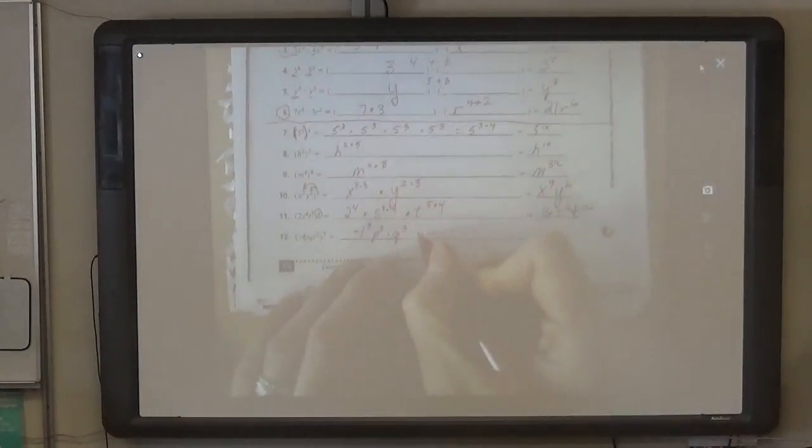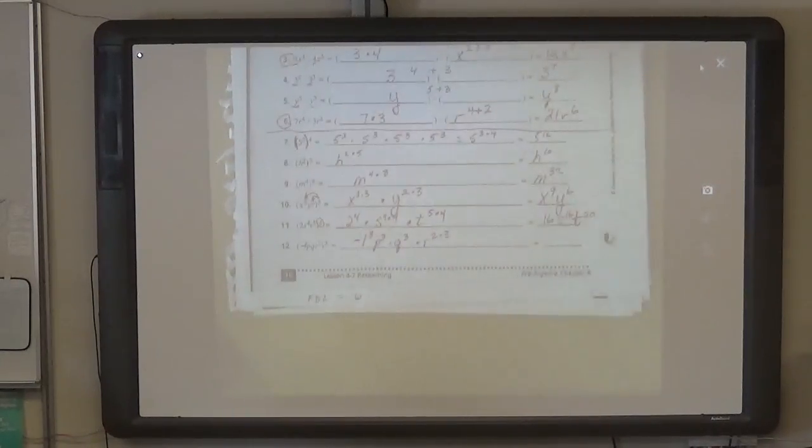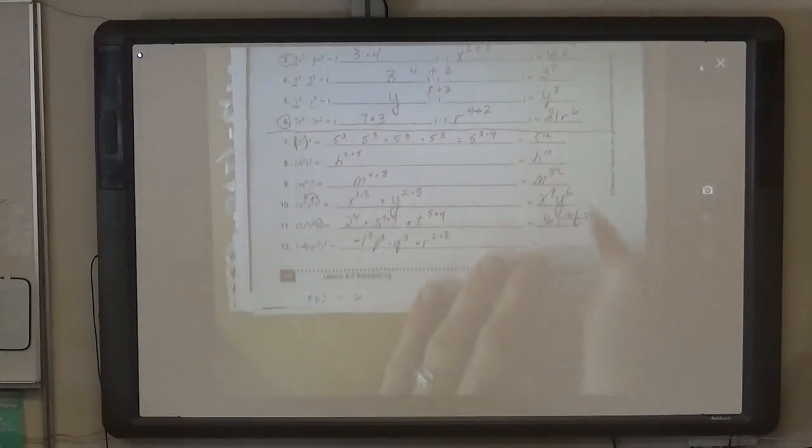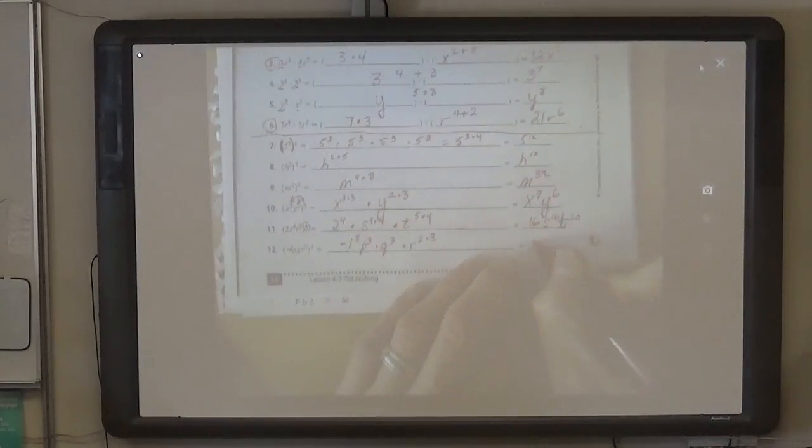And then it's times r squared to the 3rd power. So then when you simplify it, it's -1p to the 3rd, q to the 3rd, r to the 6th.